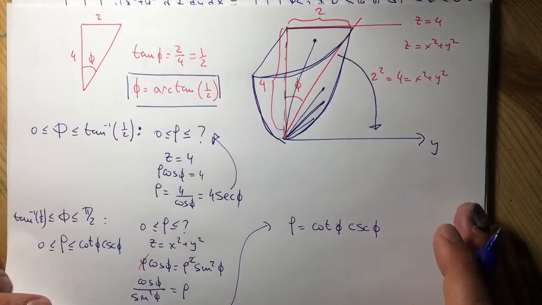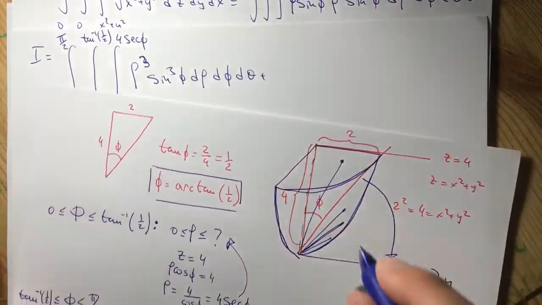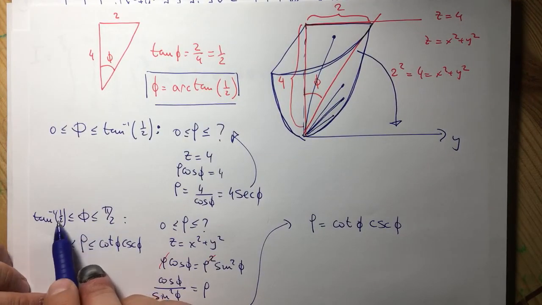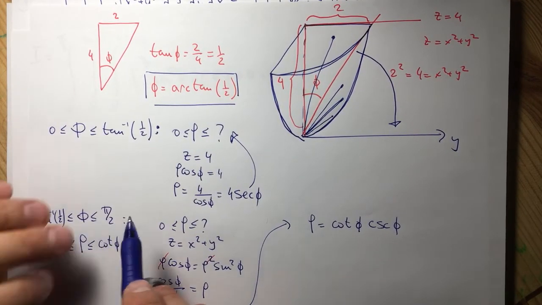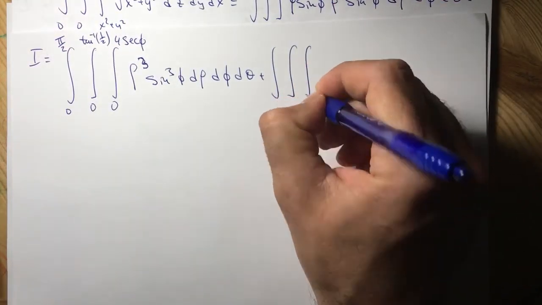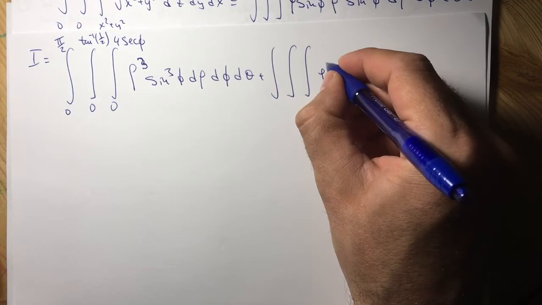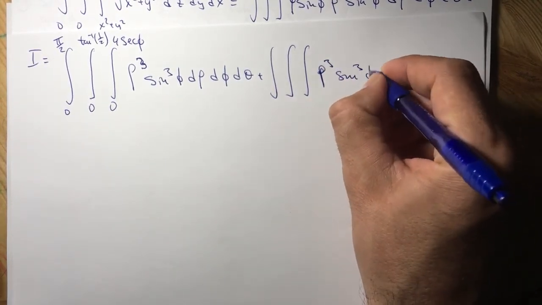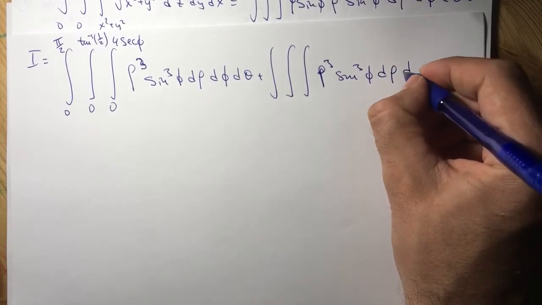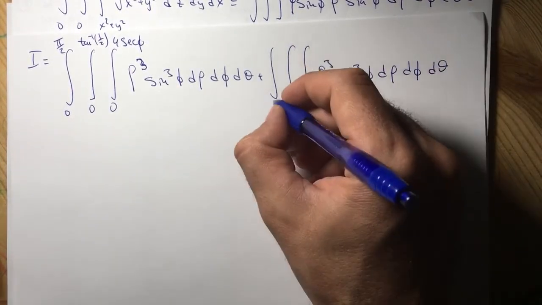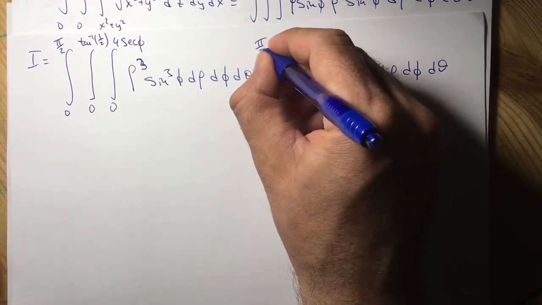But then, plus, as we said, everything depends on phi. When phi goes from arctangent of 1/2 to pi over 2, the integrand is not going to change. Rho cubed sine cubed phi d rho d phi d theta. Again, theta doesn't change, it goes from 0 to pi over 2.